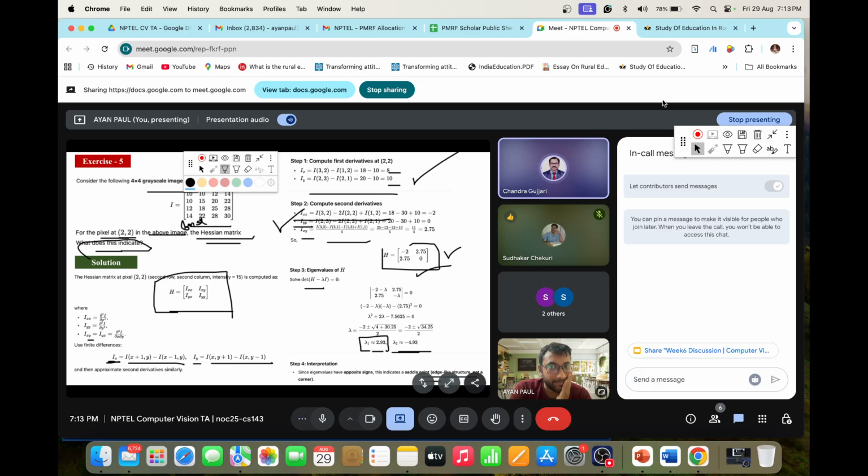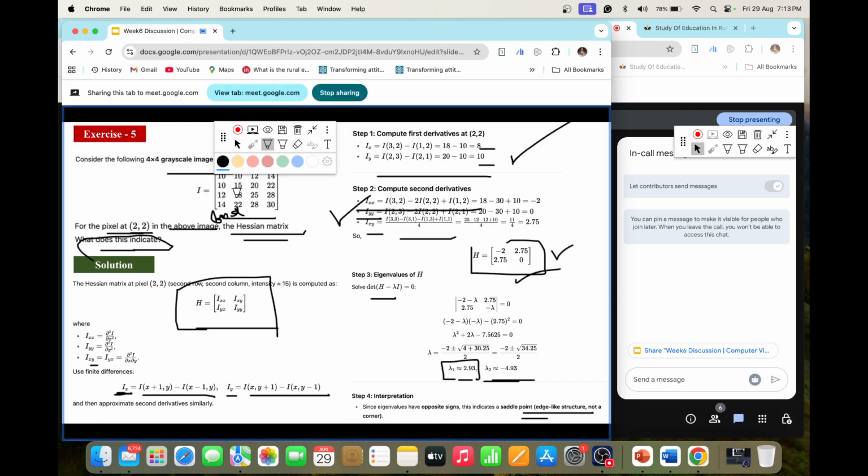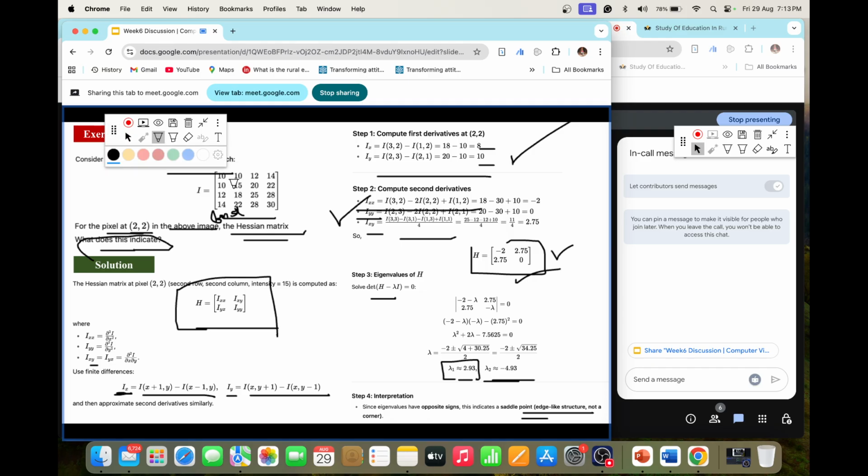How are we considering 3 comma 2? Let me show you. What is 2 comma 2? 2 comma 2 is second row, second column. Now 3 comma 2 means third row, second column. That is 18, so that 18 is written.